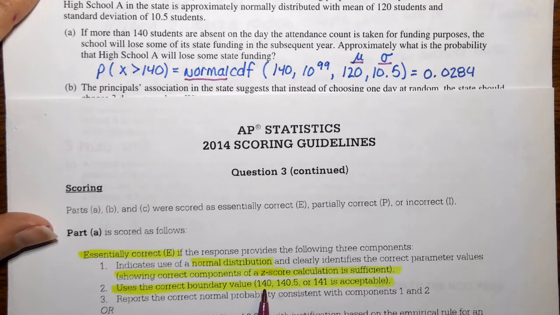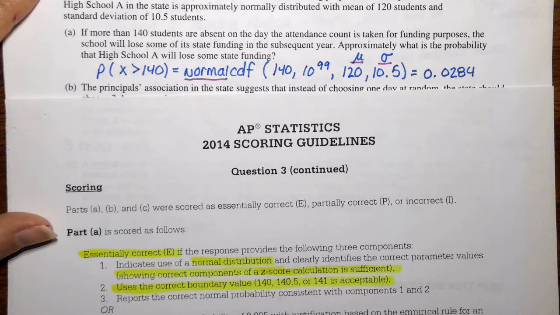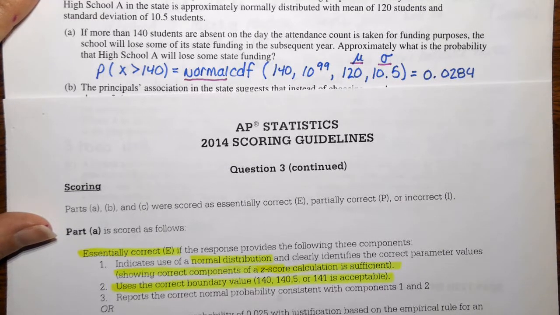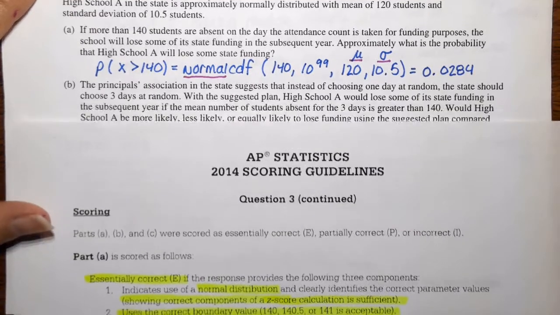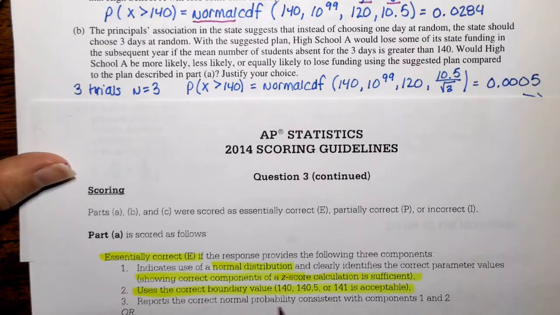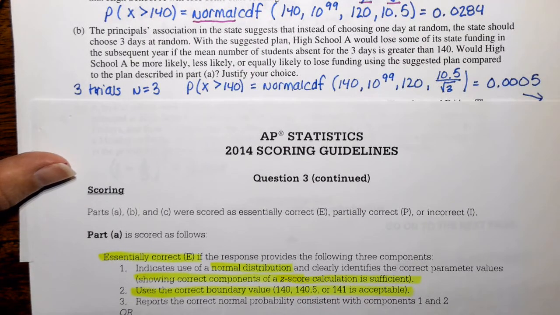And then because of that continuity correction, you can use 140, 140.5, or 141. I think pretty much everyone is going to use 140 because normal distribution is continuous. So you can use 140, but you're allowed to use 140, 140.5, or 141.